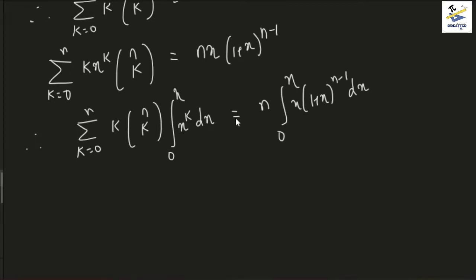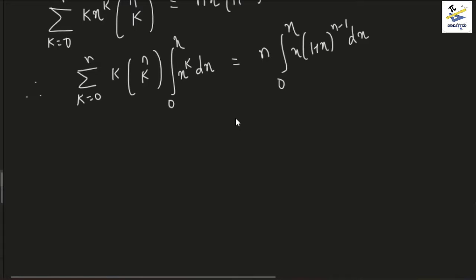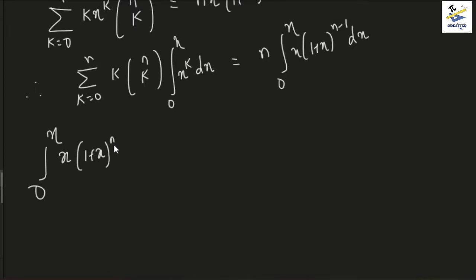So how do we do it? Well, this one is not the hardest one, because you see that this integral from 0 to x of x into (1 + x) to the power n minus 1 dx equals the integral from 0 to x of (1 + x minus 1) into (1 + x) to the power n minus 1 dx.